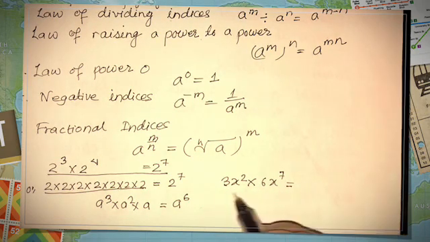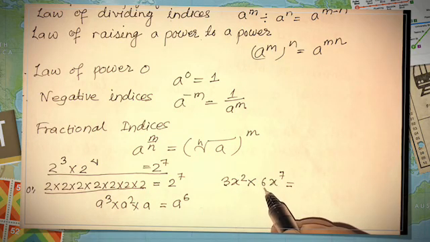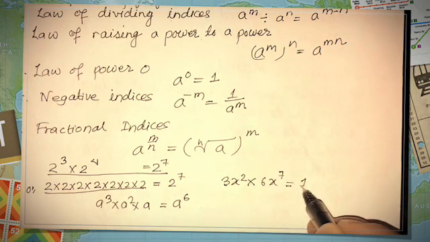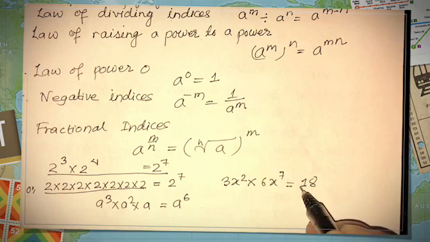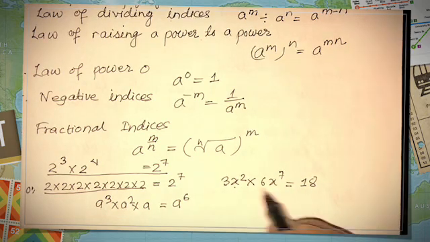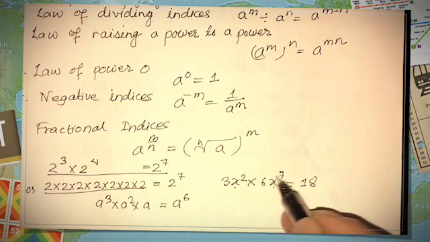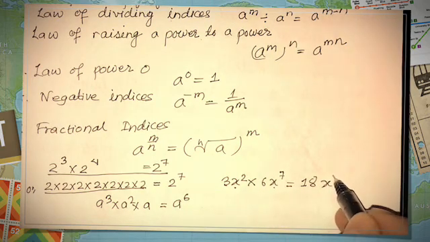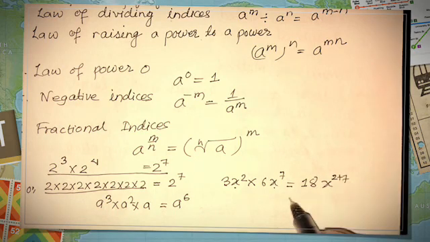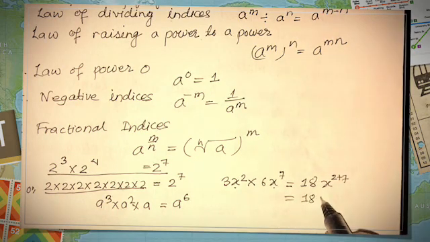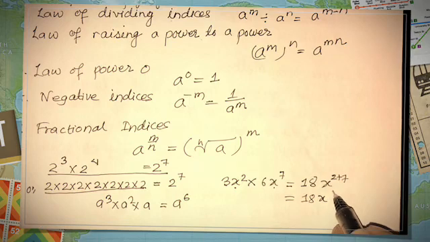So we do 3 multiplied by 6, that is 18, and for the others, x with powers 2 and 7, we get 2 plus 7, which is 9. So 18 x to the power 9.